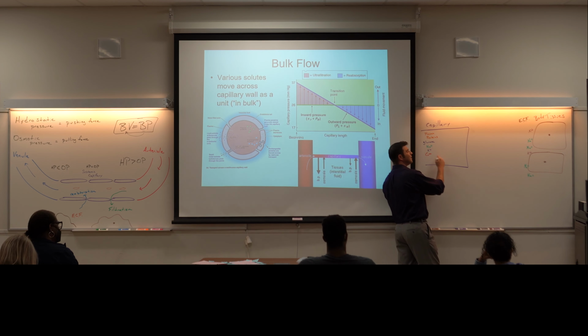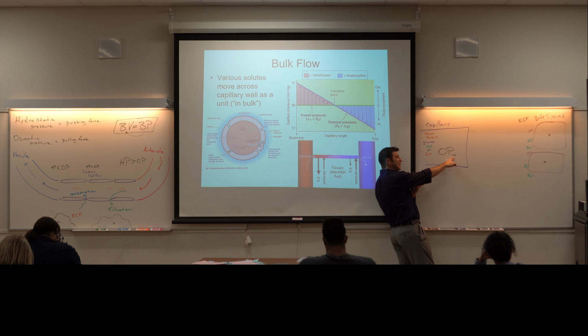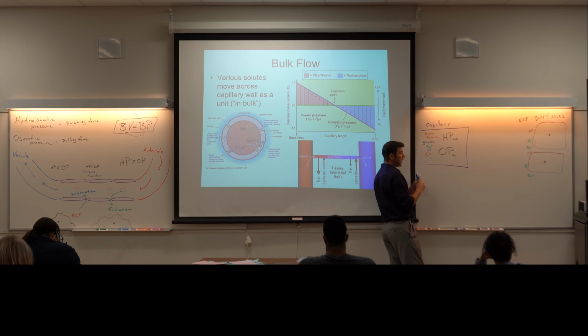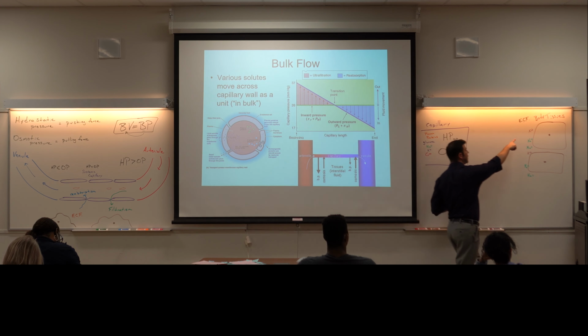So the capillary itself is going to have an osmotic pressure. We're going to mark that as osmotic pressure of the capillary. Hopefully we can see that just as capillary. And remember that this capillary is hooked up to a beating heart. So there's also a hydrostatic pressure of the capillary. And we were just talking about this extracellular fluid.